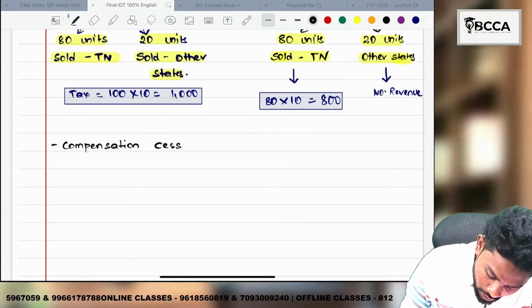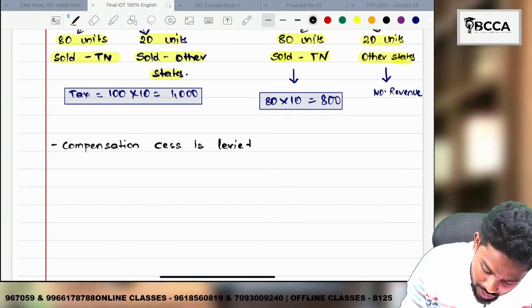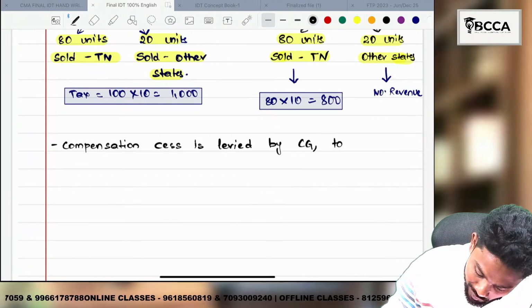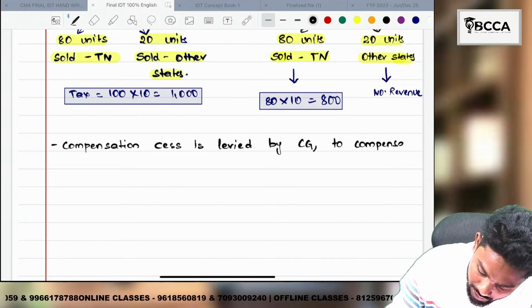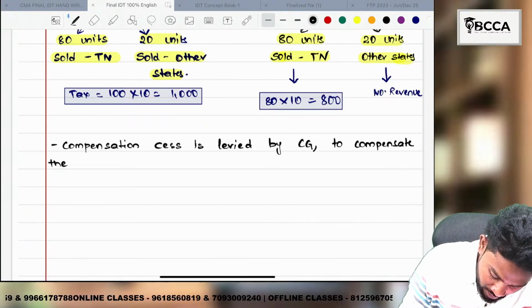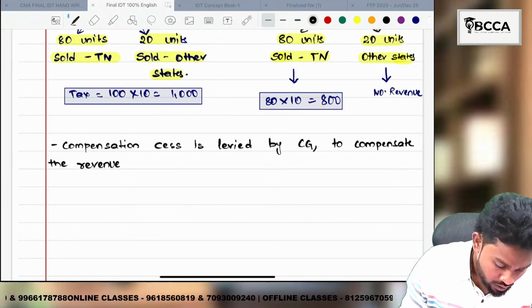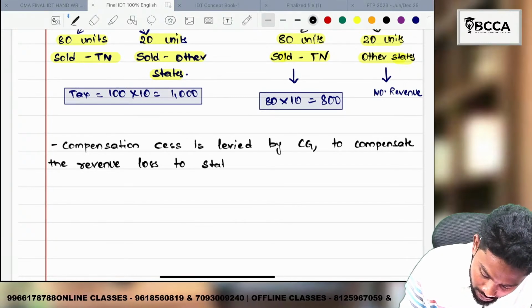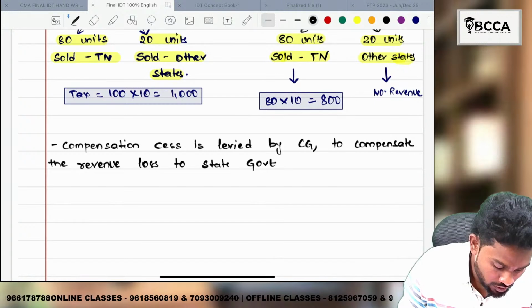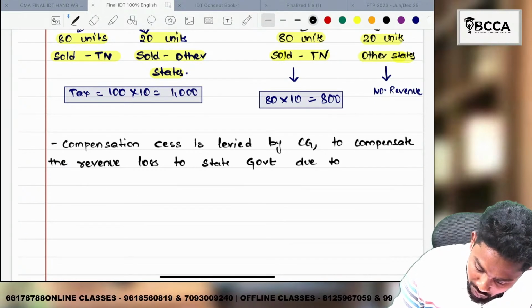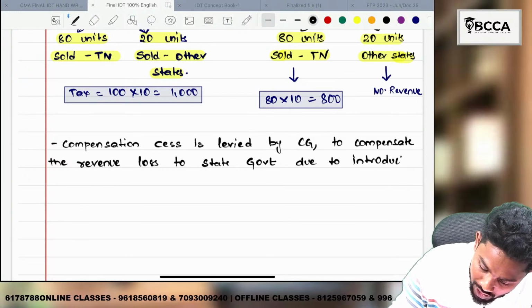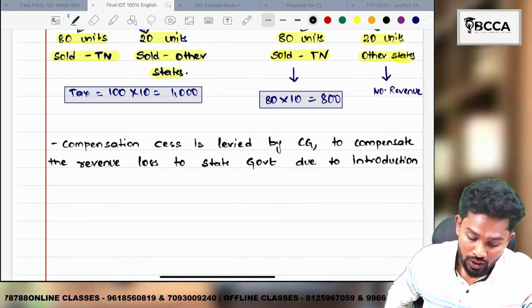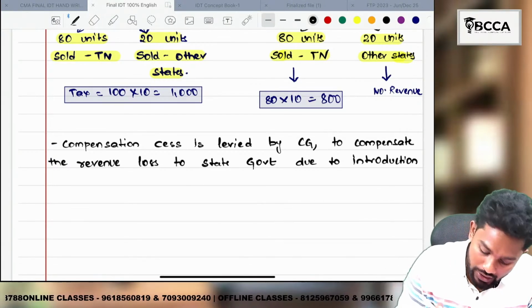Compensation cess is levied by the central government to compensate the revenues lost to state governments due to the introduction of GST.